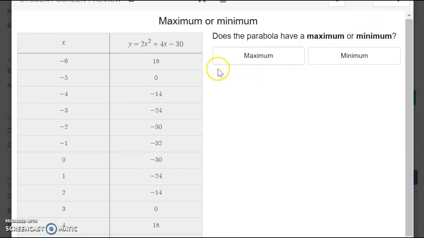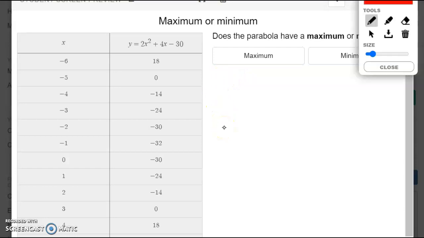Alright, so if it's decreasing first and then increasing, are you going to have a maximum or minimum? Okay, again, that means that as the graph, if I have the graph, the x is going from negative to positive. So negative all the way to positive here, that means it's going from left to right.